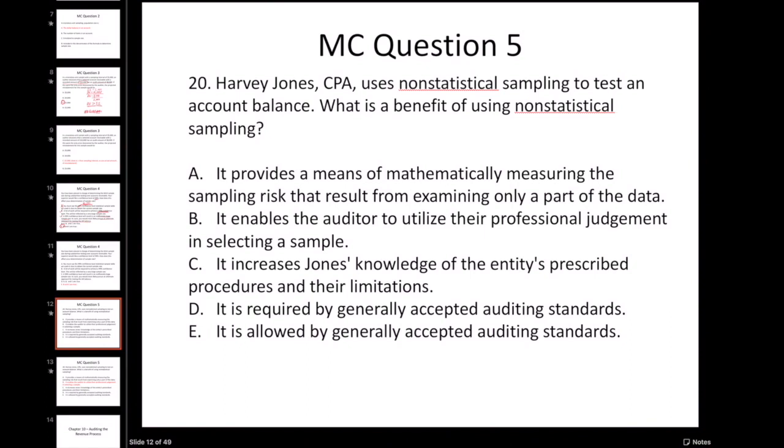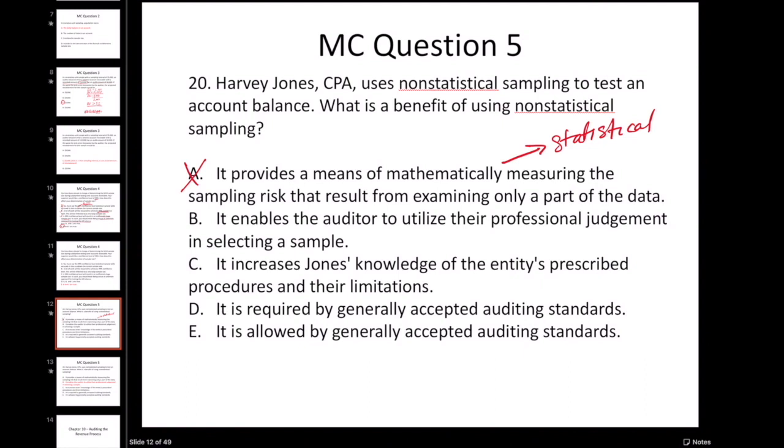I can pick up individually risky items. So I'm looking for some kind of answer that says something along these lines. A says it provides a means of mathematically measuring sampling risk that results from examining only a part of the data. So A is a true story for statistical sampling, but not for non-statistical sampling, so it's not going to be my answer today.